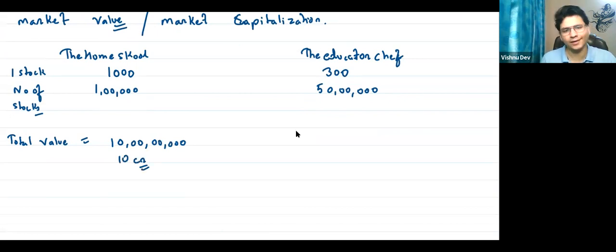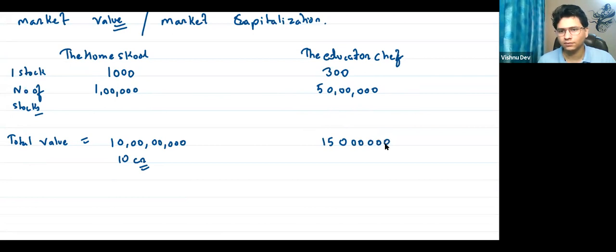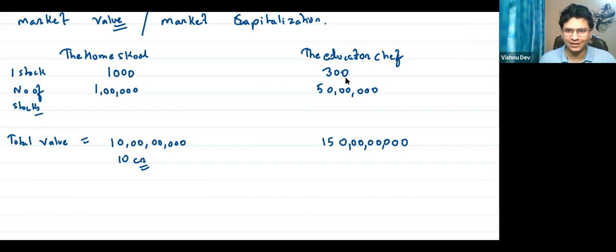But what about the educator chef? What is the total value? It is 300 times 50 lakh, that is 15 and then 8 zeros. 2 zeros plus 6 zeros, 8 zeros.